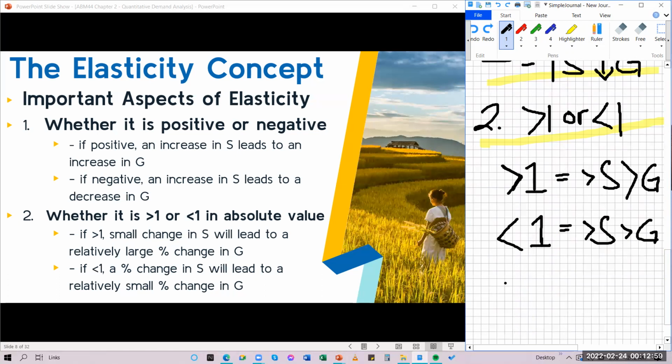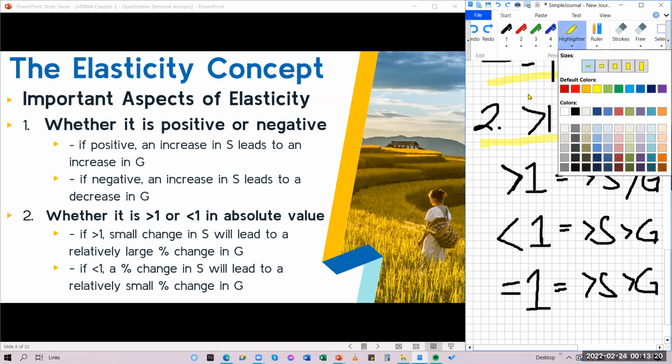Actually, we also have equal to 1. This is unitary elastic. That means your quantity, your studying and your grade, change equally. So that is its interpretation.